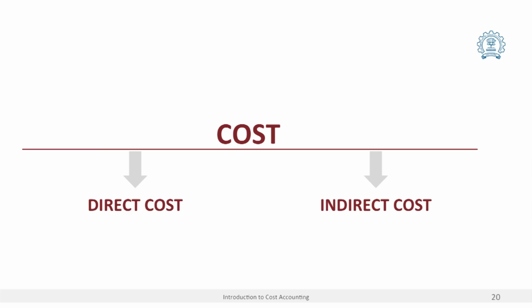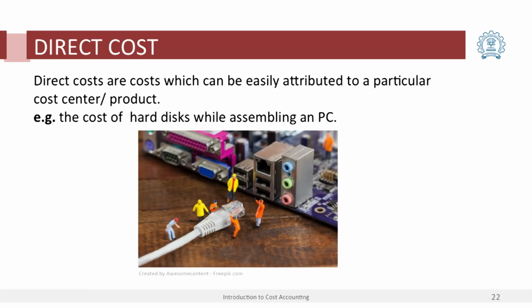The third type of classification is as per direct and indirect. Now, direct costs are those costs which can easily be attributed to a particular cost center or a product. So, suppose we are assembling a PC, we know that a particular hard disk goes into that PC. So, the cost of the hard disk can easily be attributed to a particular PC.